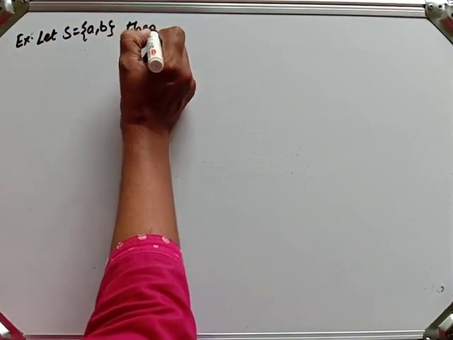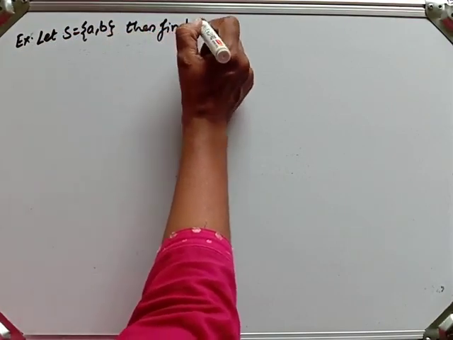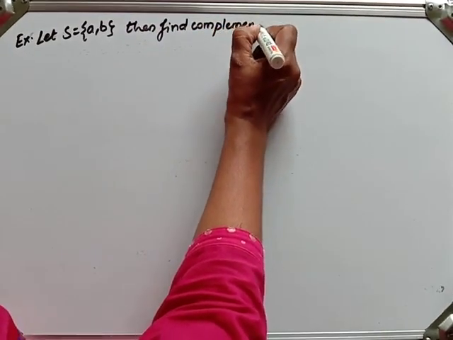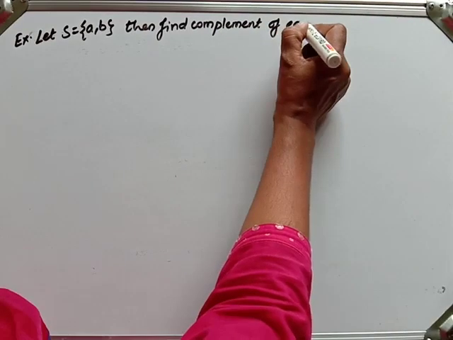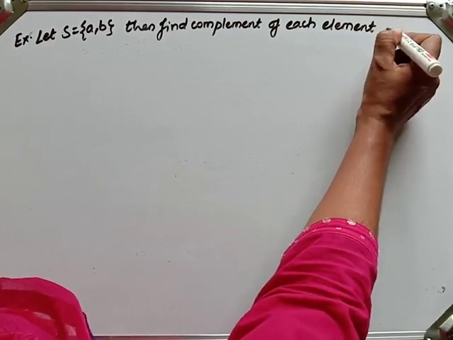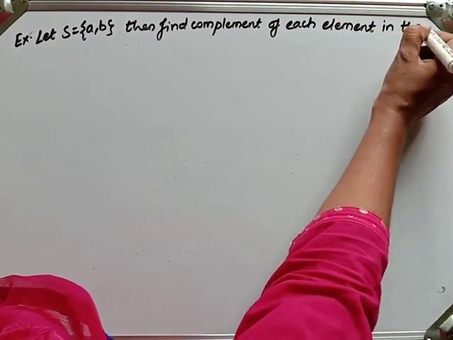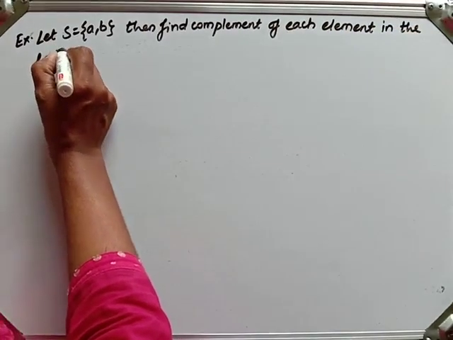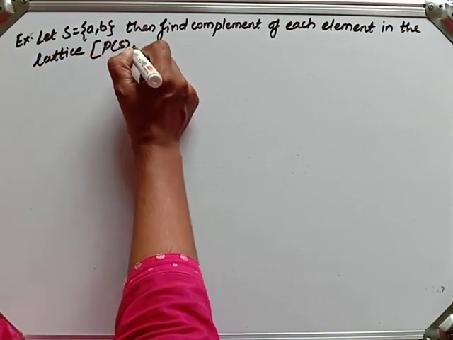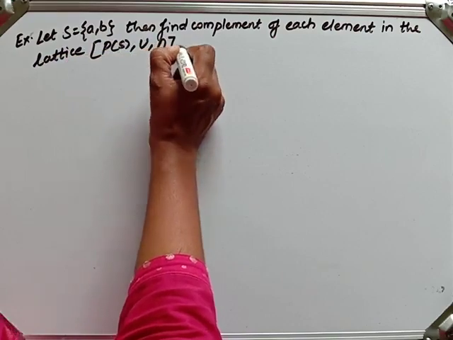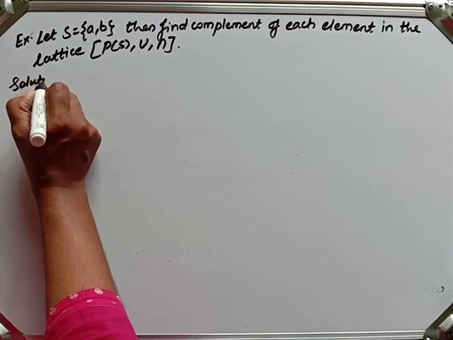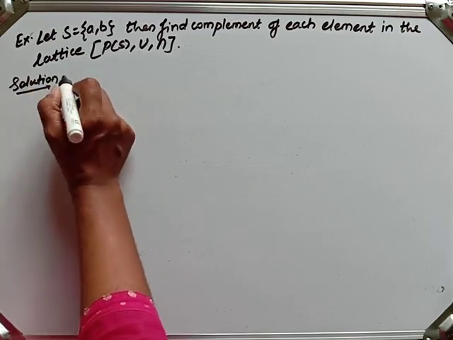Then find the complement of each element in the lattice P(S) with union and intersection. So the solution of this one, what can we say?